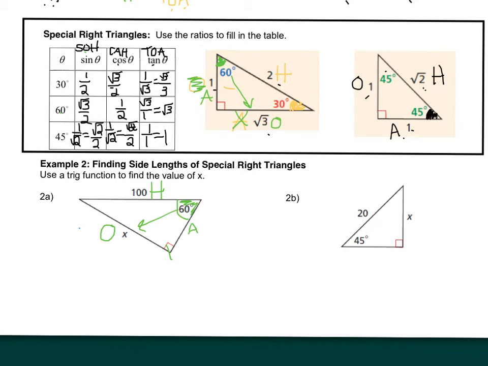Since they gave us this side that we need to find, and since they gave us this side, which is 100, we're going to use the trig function that uses O and H. Which one uses O and H? Sine. Remember, because we have O and we have H. So we're going to write sine of our angle, which is 60, equals the opposite side, X, over the hypotenuse, which is 100.